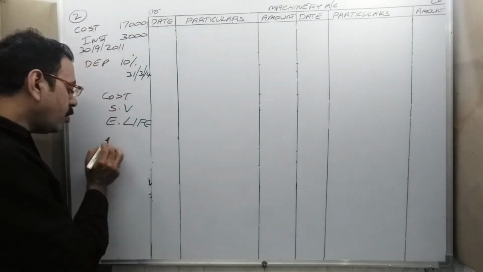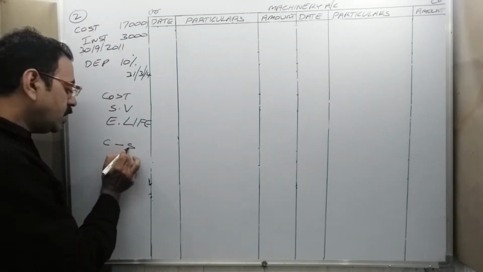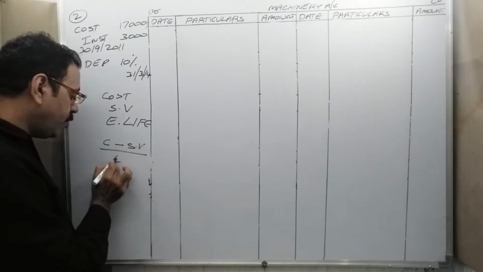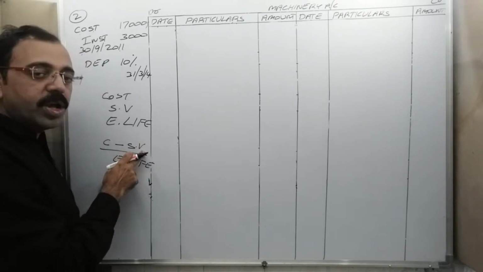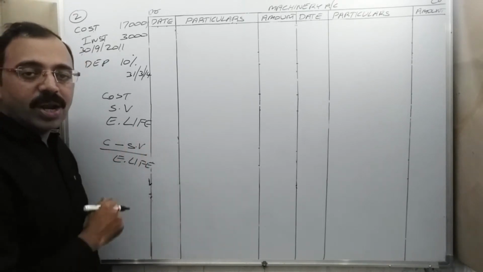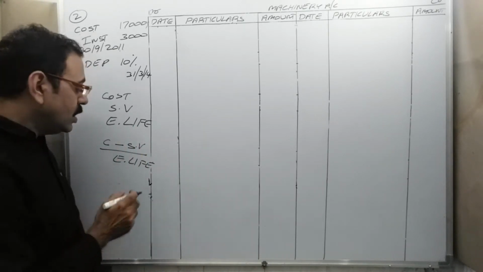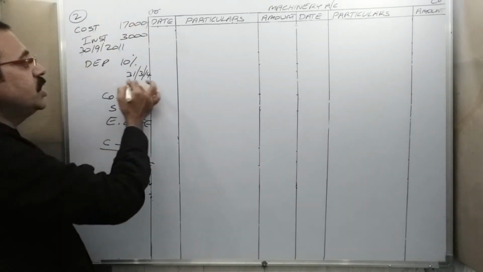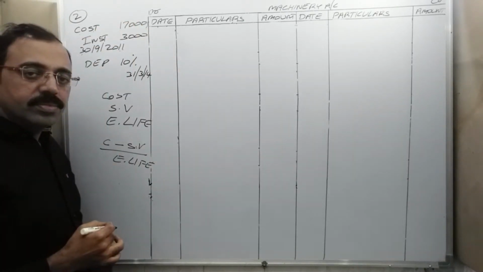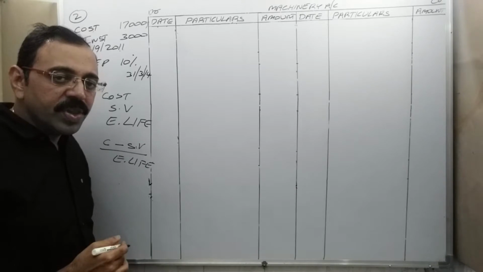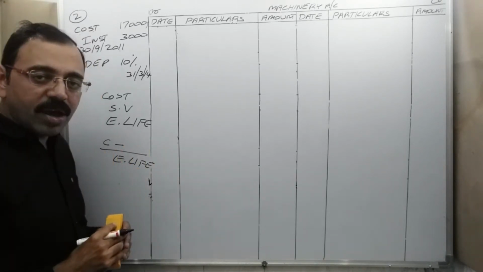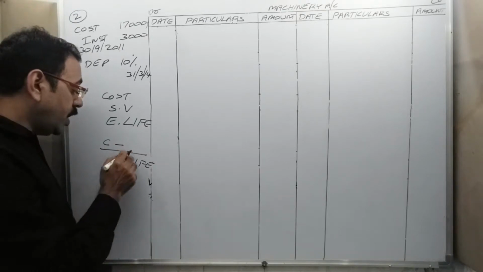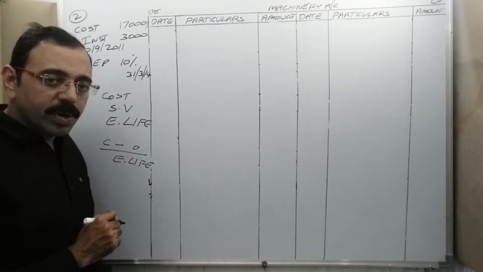By using one formula, cost minus scrap value divided by estimated life. In present problem, we cannot use this formula because scrap value is not given in the question. In previous problem also, even though scrap value is not there, we can use this formula. If scrap value is not there, you can take 0, no problem.